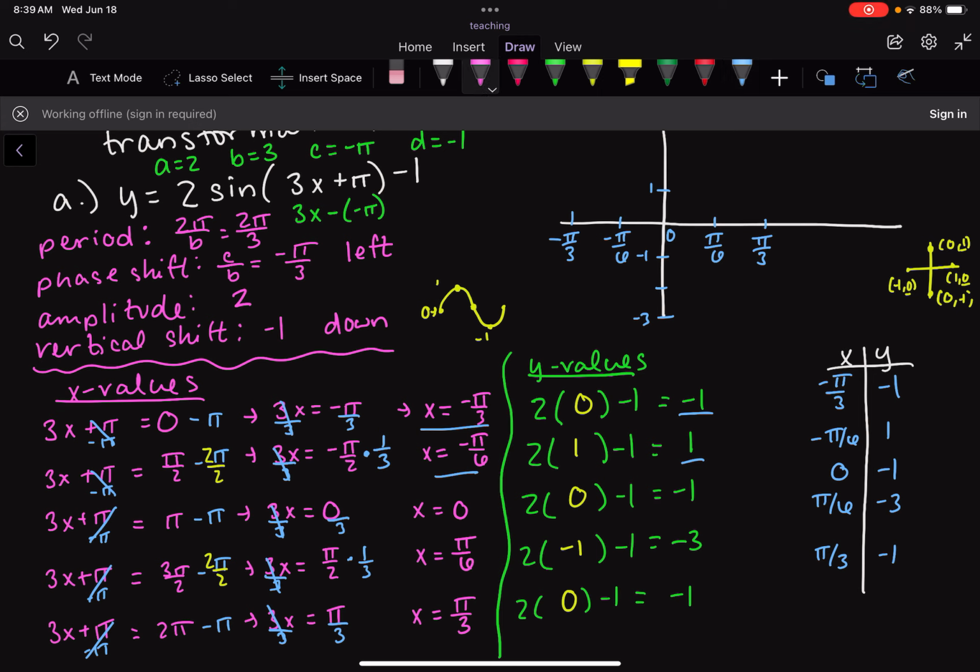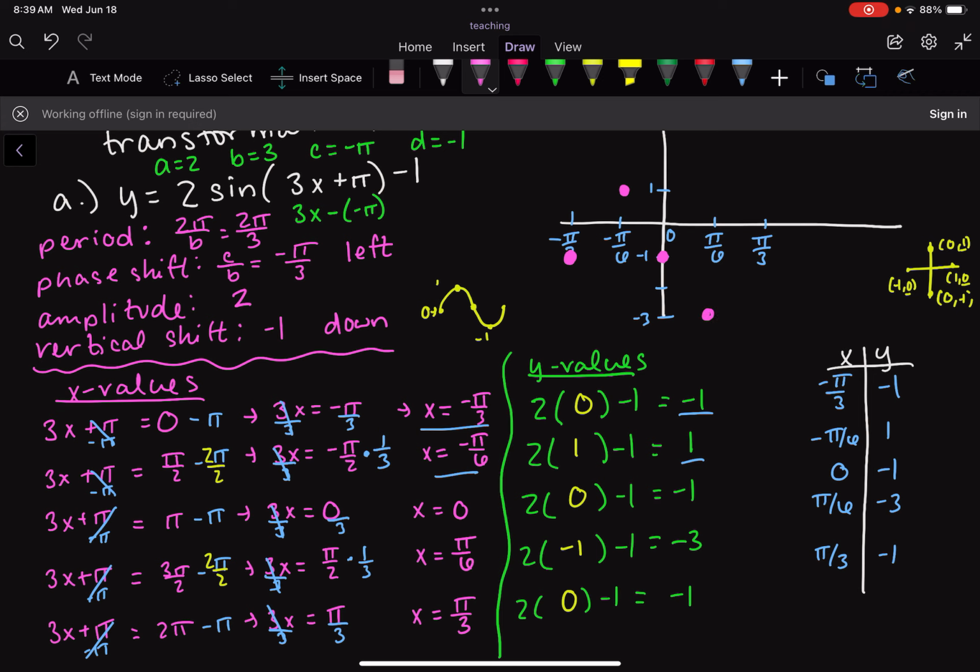And now I'll go ahead and draw in my shape. So I'll plot my points and then I'll do my shape. So negative pi over 3, negative 1, so that's here. Negative pi over 6, 1 is up here. 0, negative 1 here. Pi over 6, negative 3 is down here.